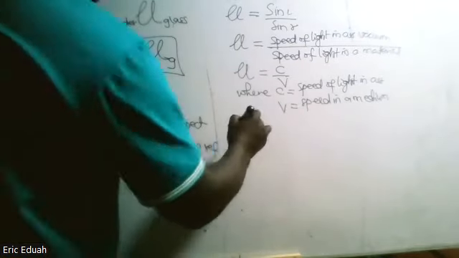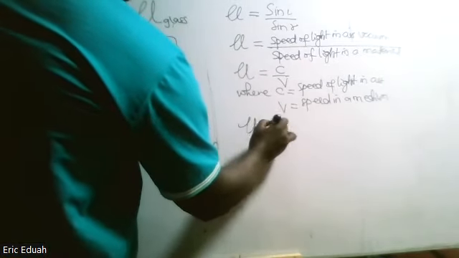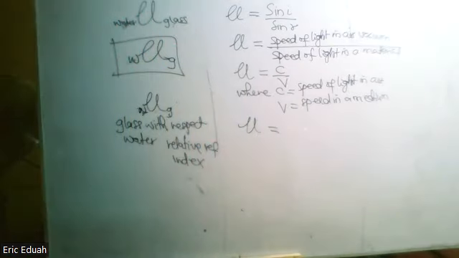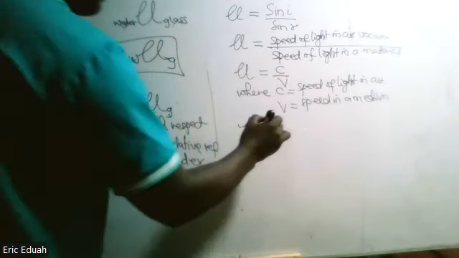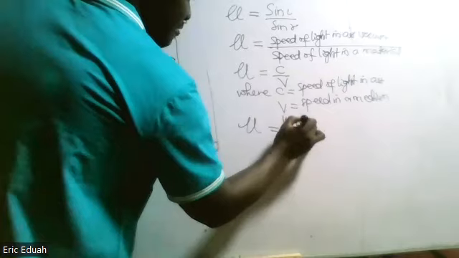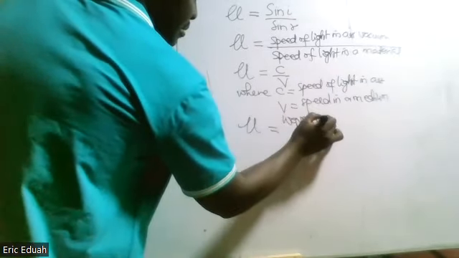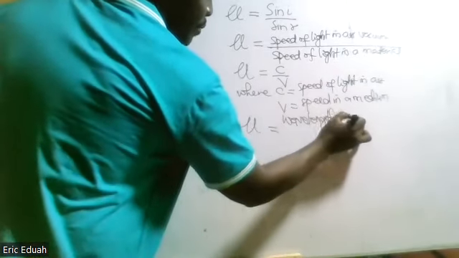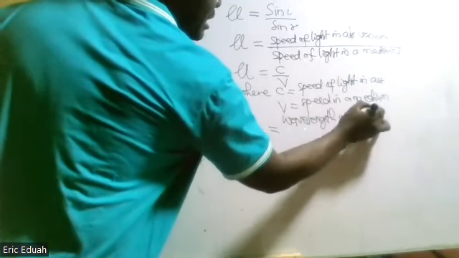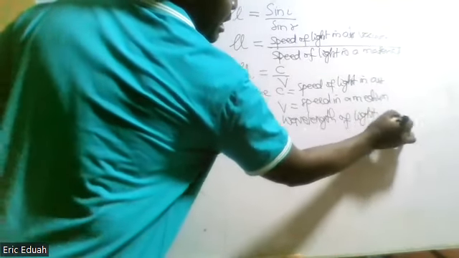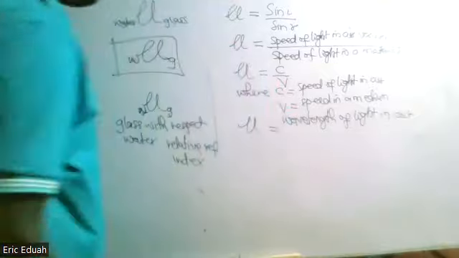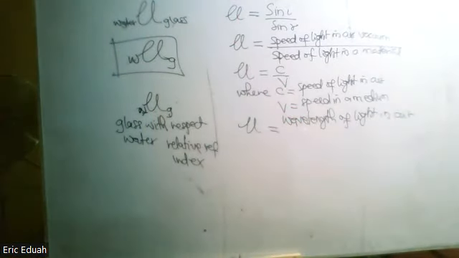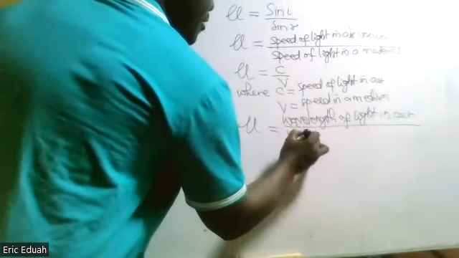Absolute refractive index mu can also be expressed in terms of wavelength: the wavelength of light in air or vacuum over the wavelength of light in a medium. The numerator must always be air because we are talking about absolute.